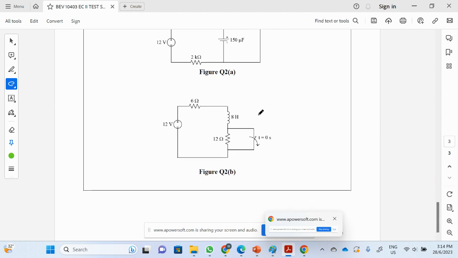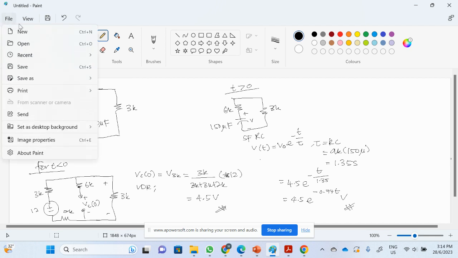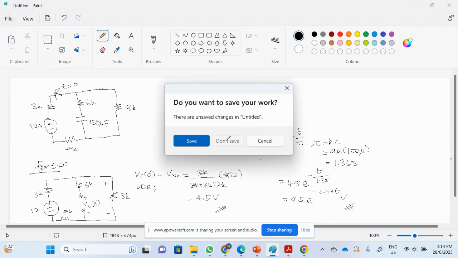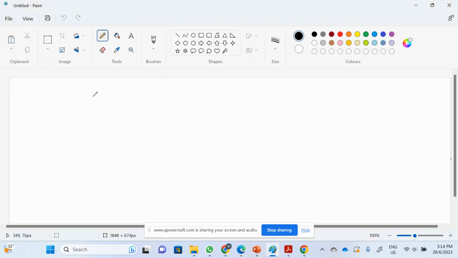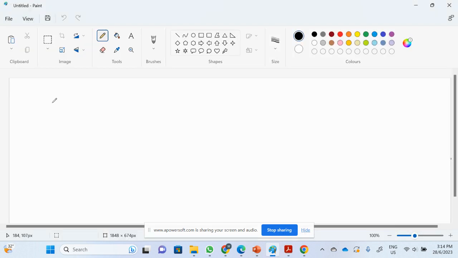Q2B, this one. Okay, for that question, let me draw the circuit for a moment. The original circuit given to you has 12, 6, 8, inductor, and then 12 ohm.